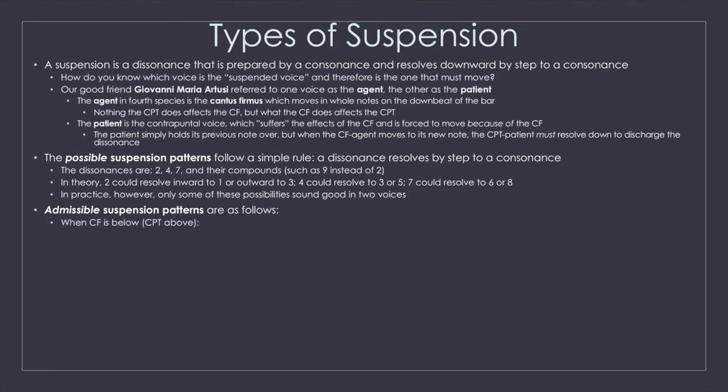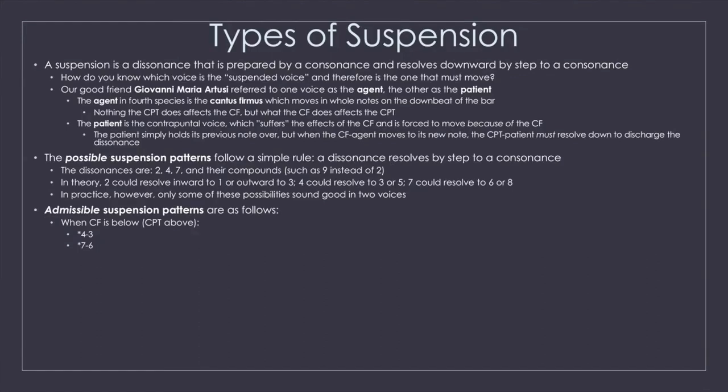Admissible suspension patterns are as follows. When the cantus firmus is below, as in the example we looked at first, then the 4-3 suspension is acceptable. The 7-6 suspension is the most common and the best one to use. 4-3 suspensions, you actually see in classical music all the time. But when we're talking about species counterpoint, the 7-6 is actually more common.